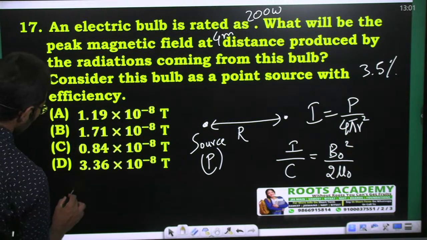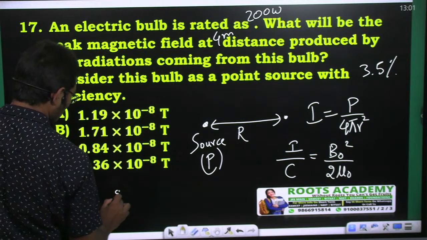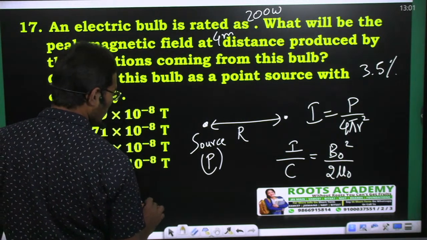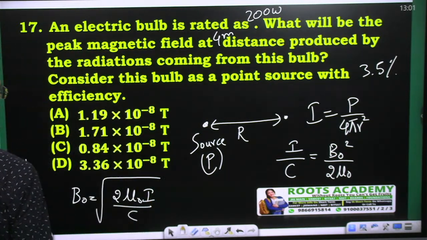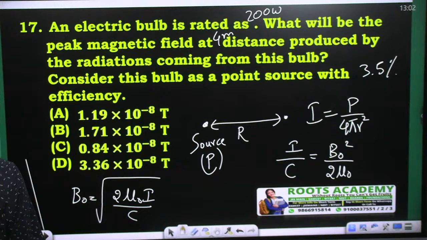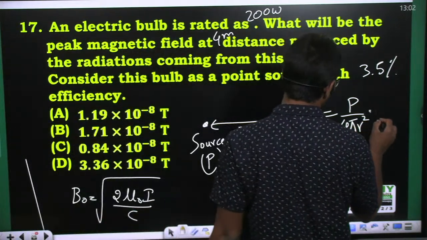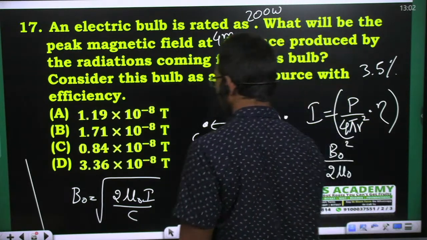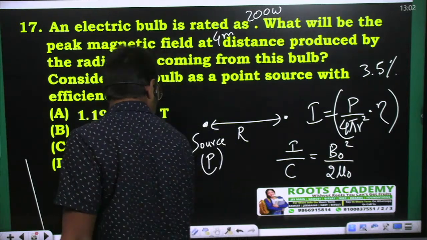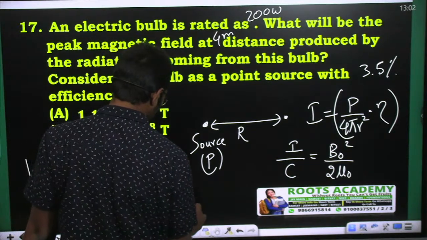So B naught is equal to root of 2 mu naught I by C. Here it is 3.5% efficiency, right? So intensity will be power into efficiency. If we try to solve the problem, you will get 1.7 into 10 power minus 8. Basic calculation.